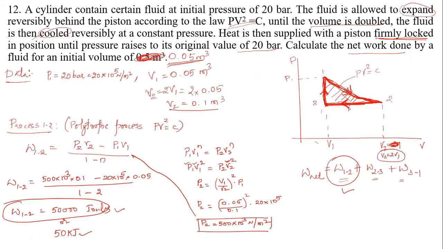What about V3? V3 is not given in the problem, but look here in the PV diagram. V1 is equal to V3. Therefore, the V1 value, 0.05 meter cube, is also equal to V3.